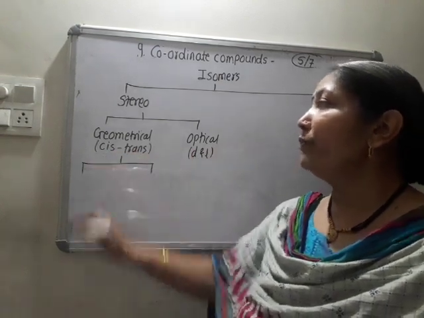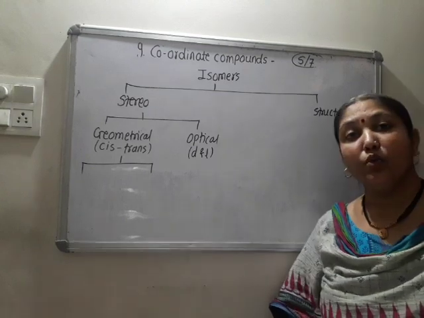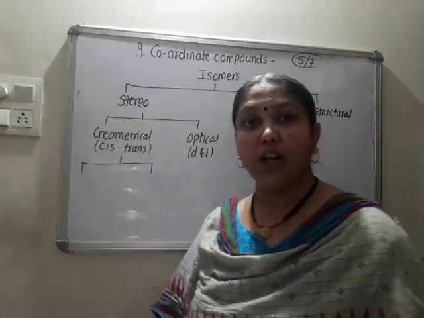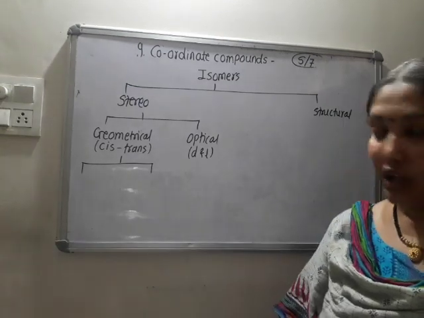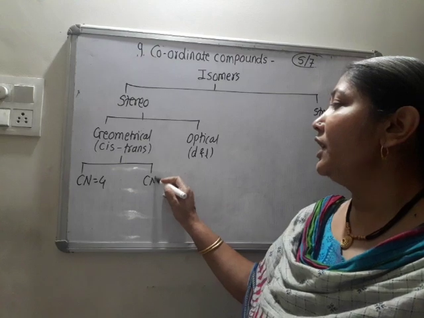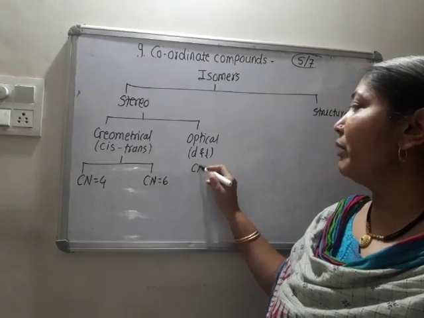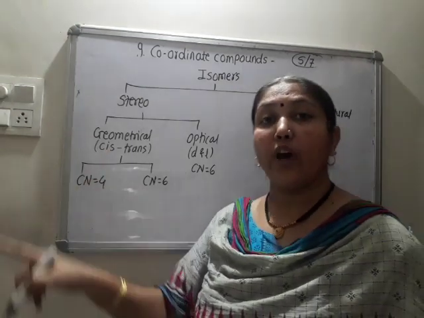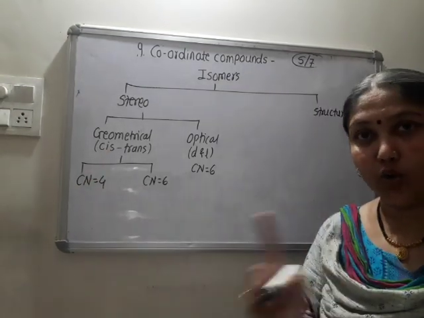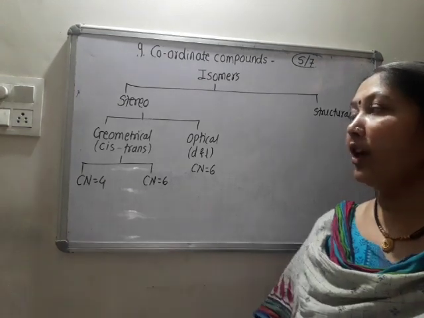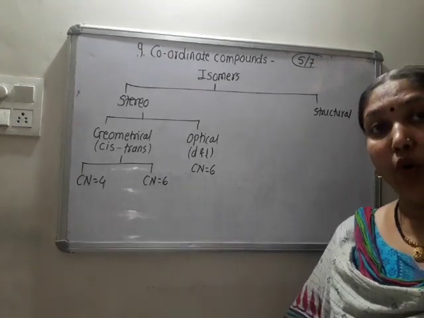There are two coordinate complexes which show geometrical isomers, one having coordination number 4 and the other having coordination number 6. Here it is shown by only coordination number 6. And 4 also square planar, not tetrahedral. They don't show geometrical isomers. Okay.